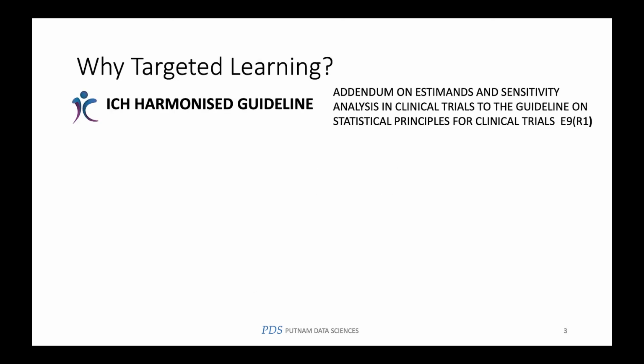So to talk to you today about a targeted learning SAP, it seems to me that the first question is why are we even interested in a targeted learning perspective? We already have the ICH harmonized guideline that provides guidance on how to construct statistical estimates and carry out analyses. I've extracted some key phrases from the ICH-E9 Revision 1 guideline that I think are important for us to have in mind today.